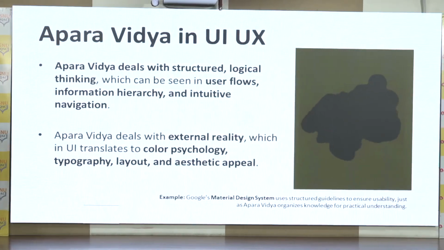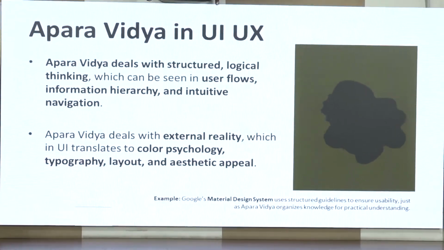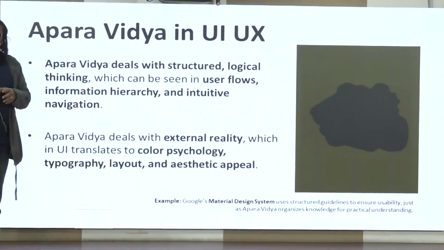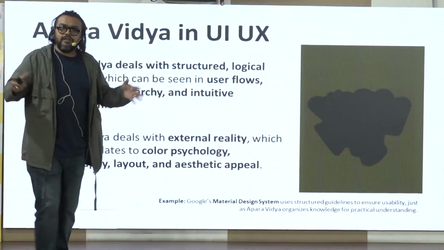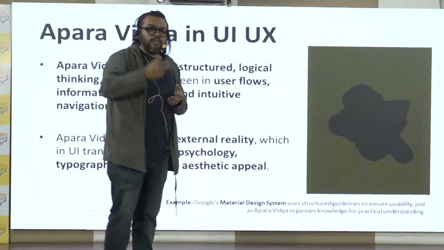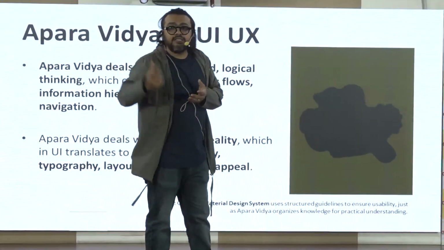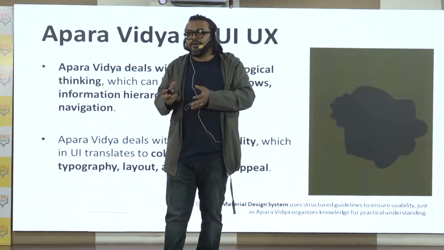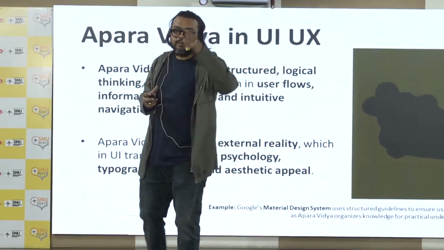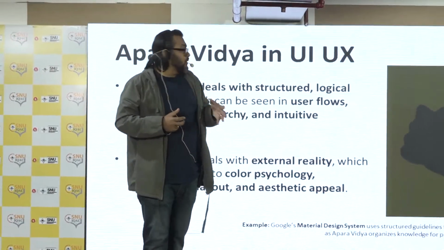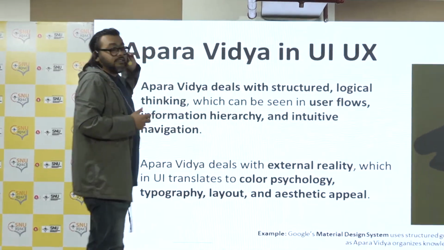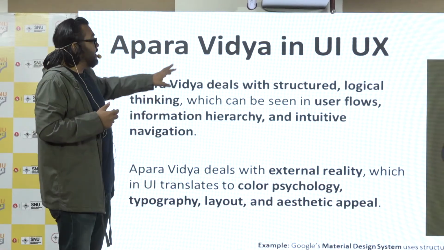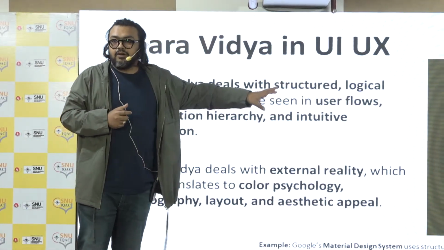Now, coming to the logical thinking of it, in UI UX we have user flows and information hierarchy. Let's say we have so many fine art students here, design students, final years. So when we have learned about hierarchy, we have learned about a design flow. Paravidya is just like the experience, as I said, and Aparavidya is the tactile feeling of it.